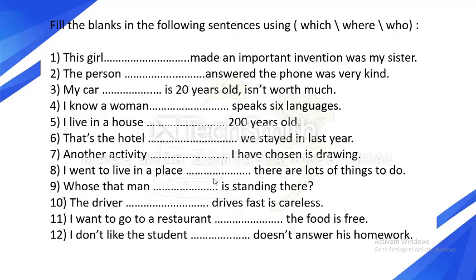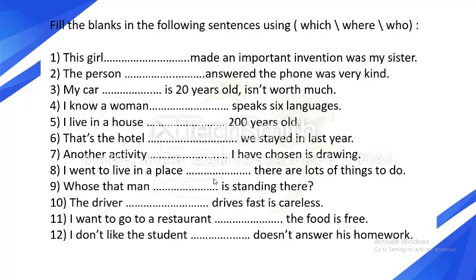So here we have some exercises or sentences. The question is, fill the blanks in the following sentences using which, where, or who. You have to answer these sentences on your notebook, please. Write these sentences on your notebook, then answer it.